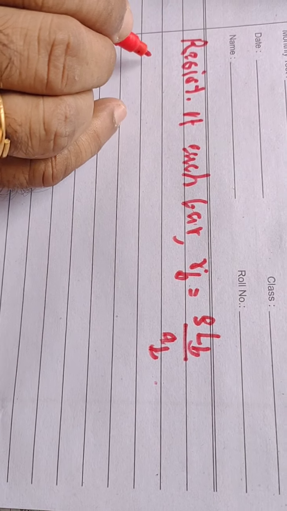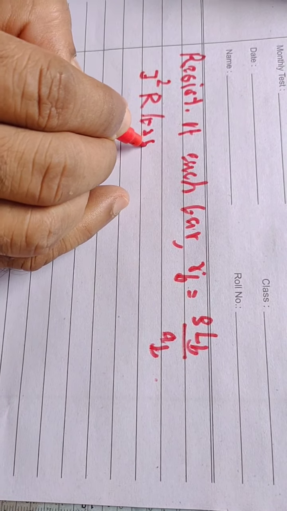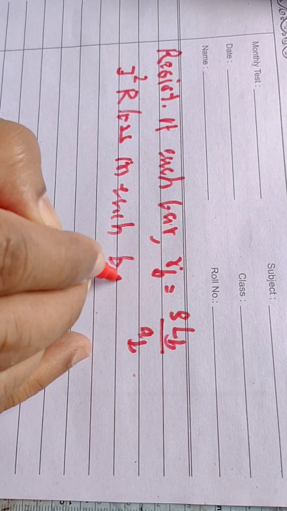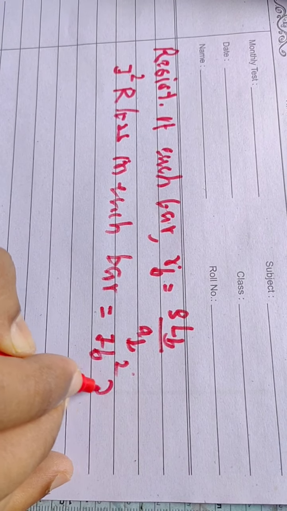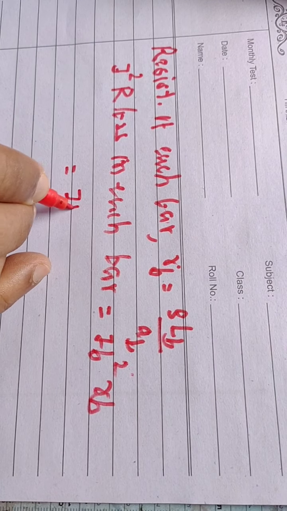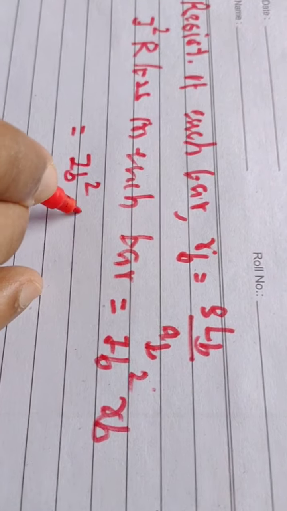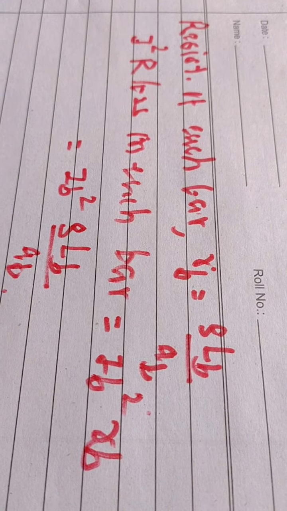Copper loss, I square R loss in each bar, is equal to IB square into RB, so this is IB square rho LB upon AB.